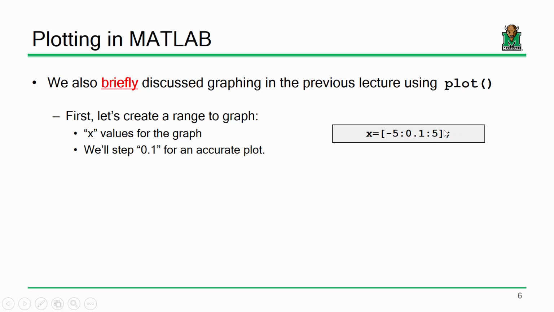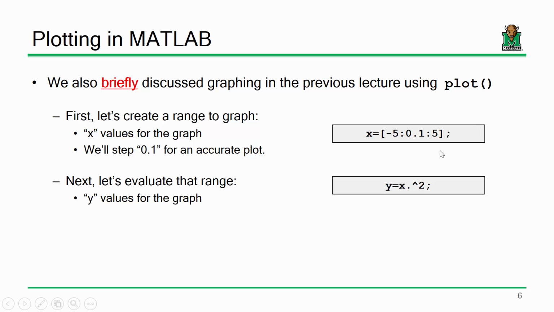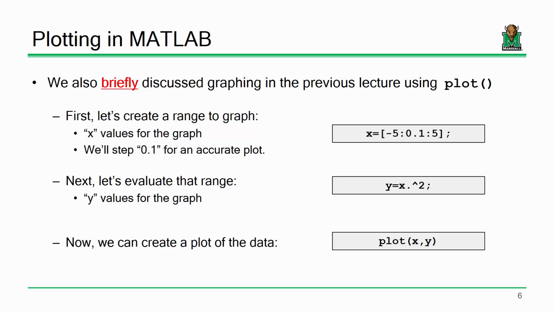You do want to suppress that with the semicolon. If you don't suppress it, then you're just going to get a page full of data. And then let's create y to be the square of each term in x, and then plot that, just to refresh our memory on how by default the plots appear.